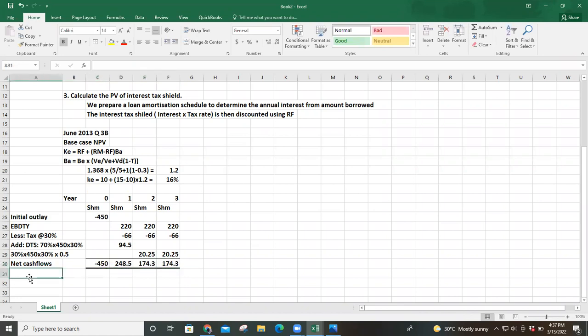In discounting, we put here our PVIF. The cost of capital we got was 16%. The discounting factor at 16%: year 0 is 1.